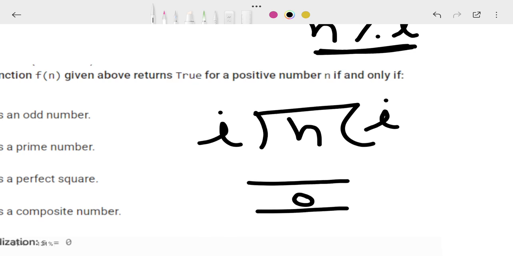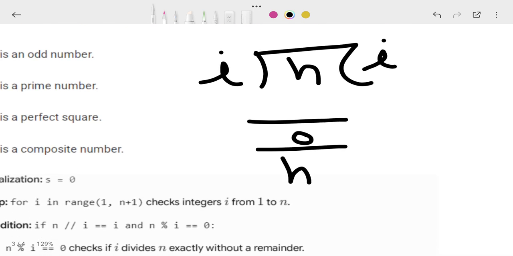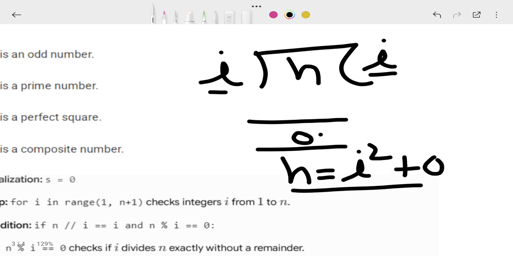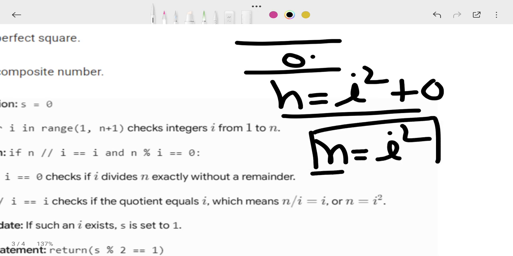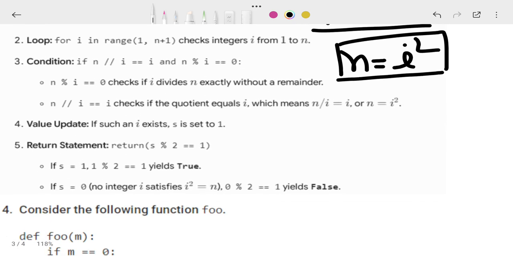What is the meaning of this? n is equal to i square, means divisor into quotient plus remainder. Remainder is 0. Okay, what is the meaning of this? n is equal to i square. So meaning is we have to find such value that n is equal to i square, and this is only a perfect square.